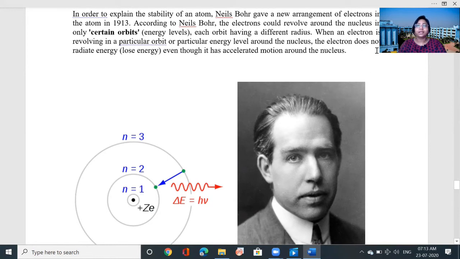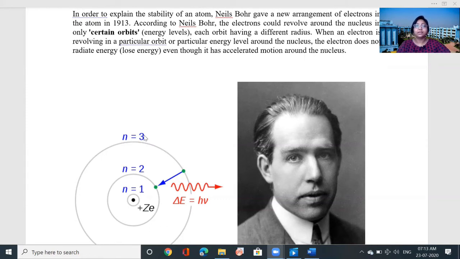When an electron is revolving in a particular orbit, or particular energy level, around the nucleus, the electron does not radiate energy or lose energy even though it has accelerated motion around the nucleus.